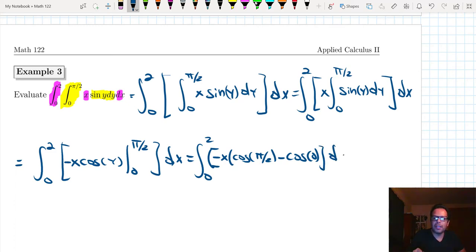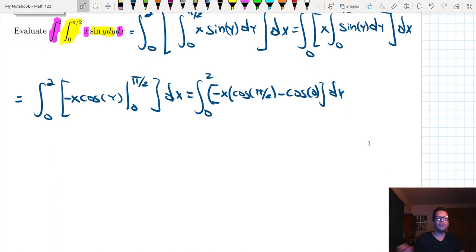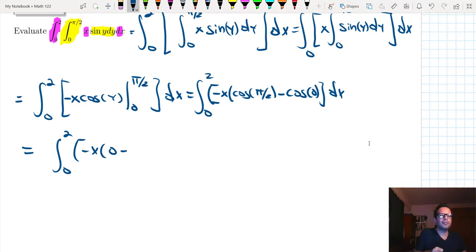That times dx. Okay, so let's evaluate cosine of pi over 2. Cosine of pi over 2, according to the unit circle or the table, or triangles, whatever you want to use, is 0, minus cosine of 0, which is 1.